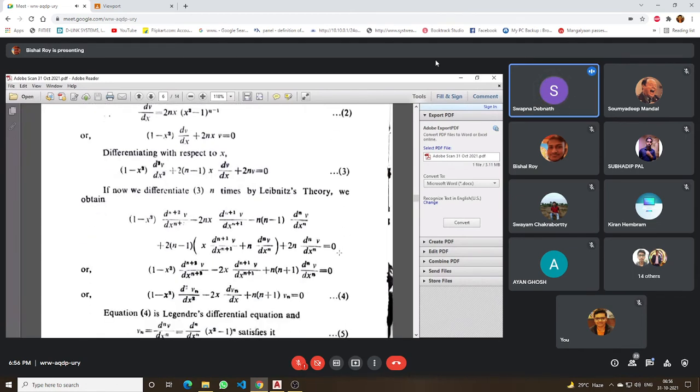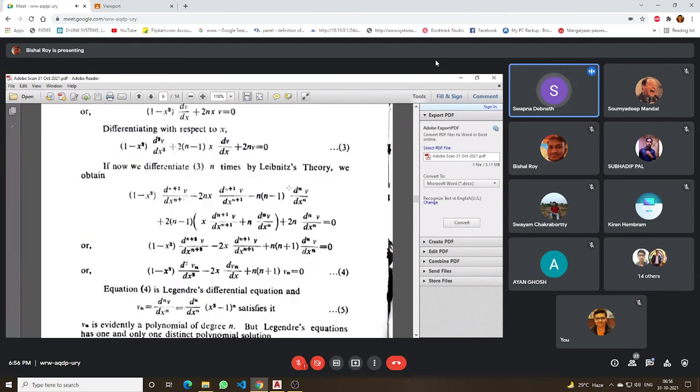Now we differentiate this n times by Leibniz theorem. What will be the first term? The first term will be n times. Therefore, the first will be (1 minus x square) d(n plus 2)v/dx(n plus 2). Why? It is already there 2, therefore that will be n plus 2. By Leibniz theorem, (1 minus x square) is one function and another function is d2v/dx2.